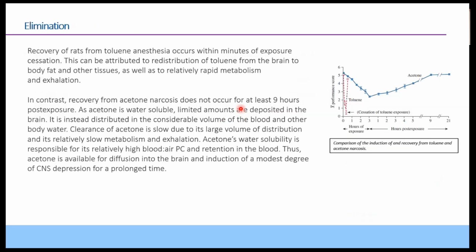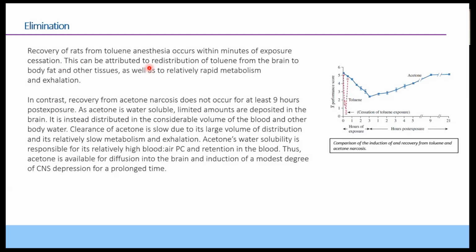Then moving on to the elimination. Recovery: this is an example of recovery of rats from toluene and acetone anesthesia. Recovery of rats from toluene anesthesia occurs within minutes of exposure sedation.